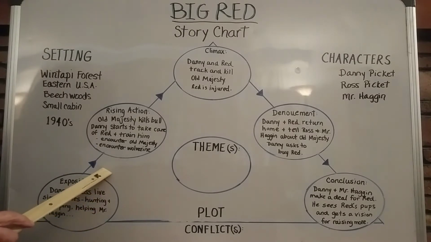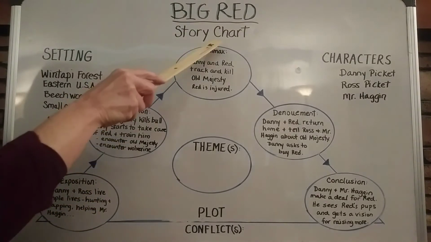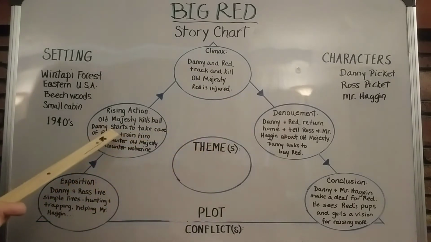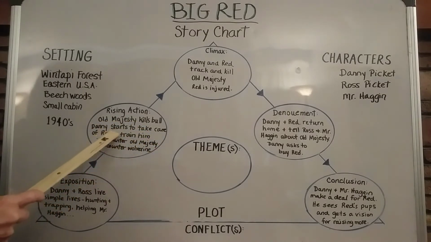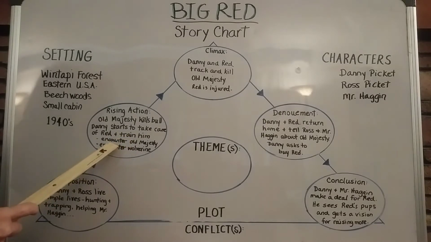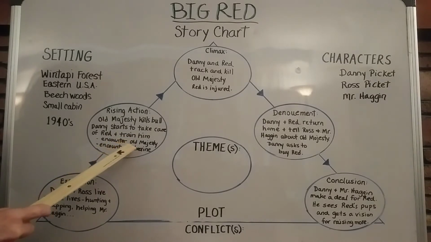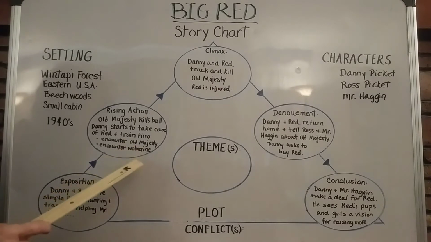As the story goes on, you'll see the arrows rising up to the eventual climax. But as the story goes on, the rising action includes things like Old Majesty killing Mr. Hagen's bull, Danny starting to take care of Red and training him to be a partridge hunter.